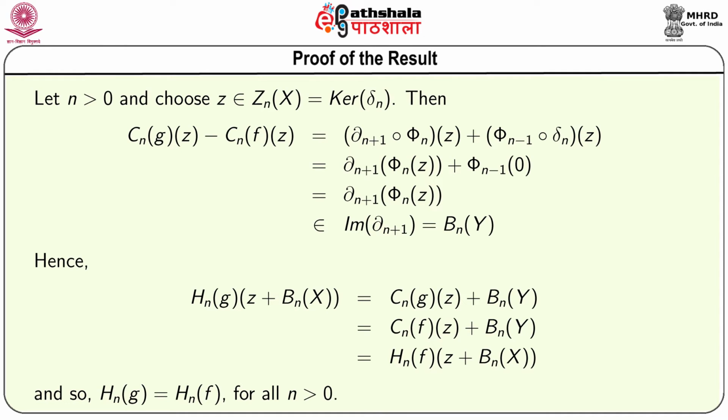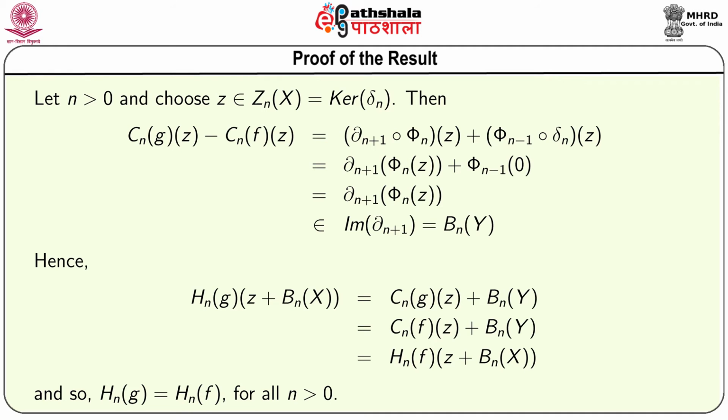Now, if n is greater than 0 and we choose any z from Z_n(X), that is the kernel of delta_n, then C_n g z minus C_n f z is equal to the expression del_{n+1} composed with phi_n operating on z plus phi_{n-1} composed with delta_n operating on z, and that is equal to del_{n+1} phi_n z plus phi_{n-1} of 0.